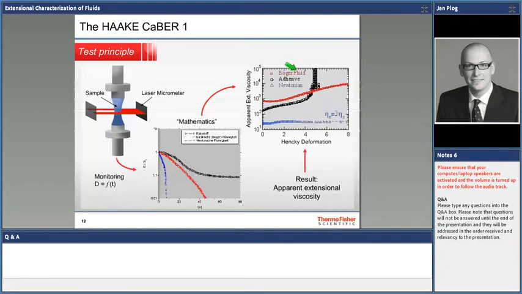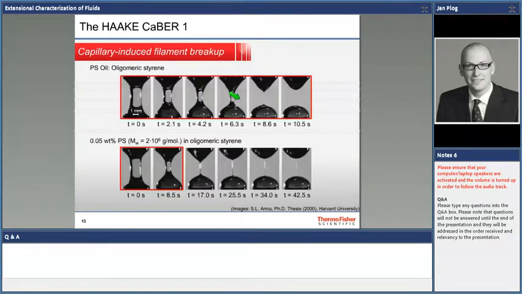However, for non-Newtonian fluids, here we use the Boger fluid, a very low concentrated polymer solution in a high viscosity matrix, you will see an increase in the viscosity. That is what we call strain hardening, and I'm going to go over the details in a second, what that means and how that affects the flow behavior of your samples.